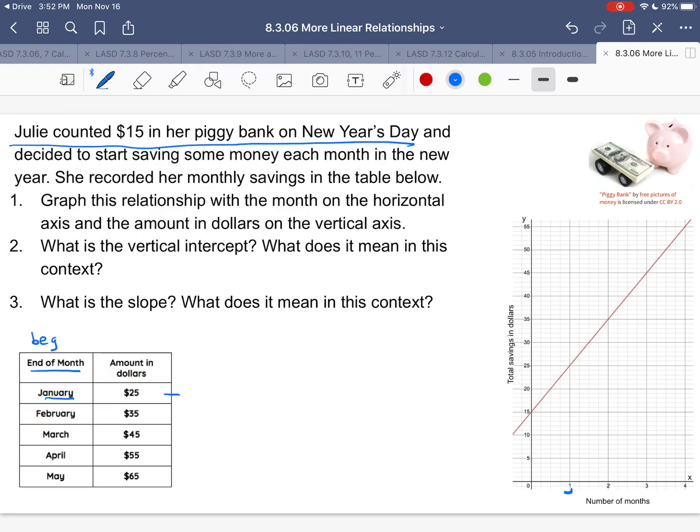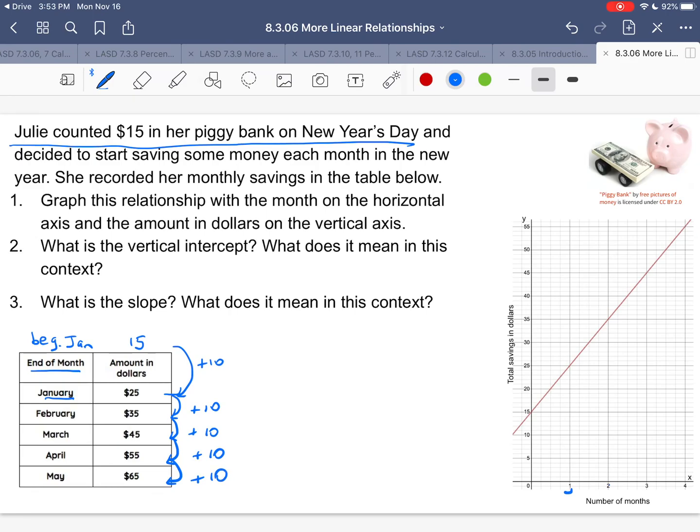So I'm just going to note that here, at the beginning of January, $15. So that's an increase of $10. And then at the end of February, her savings grew from $25 to $35. So that's another $10 savings. And she did that every month. She saved $10 per month.